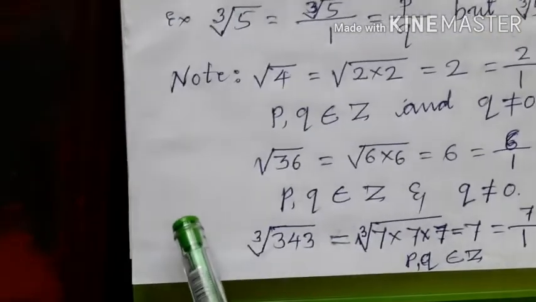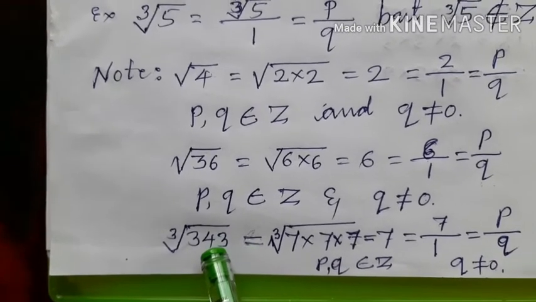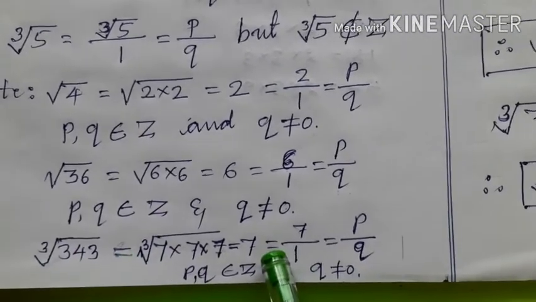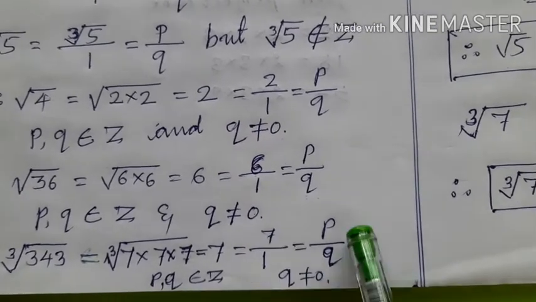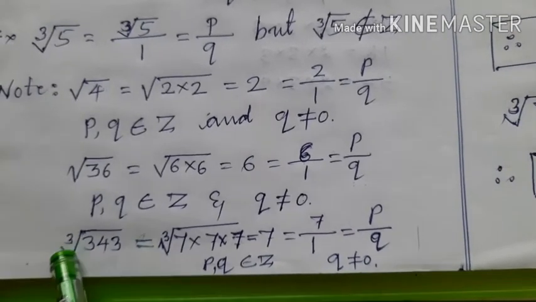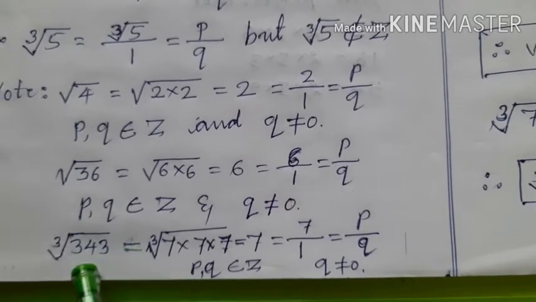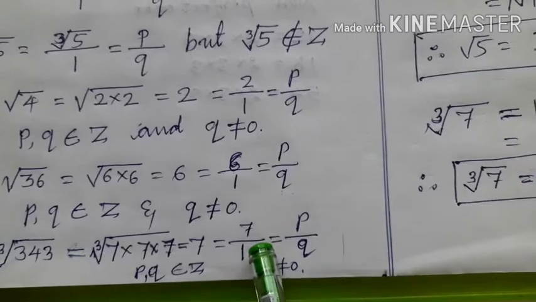But here also, under the cube root mark, I have written a number 343. But the cube root of 343 is equal to 7. And 7 is in the form of 7 by 1, which is equal to p by q. And hence, the value of cube root of 343 is not irrational, it is rational.